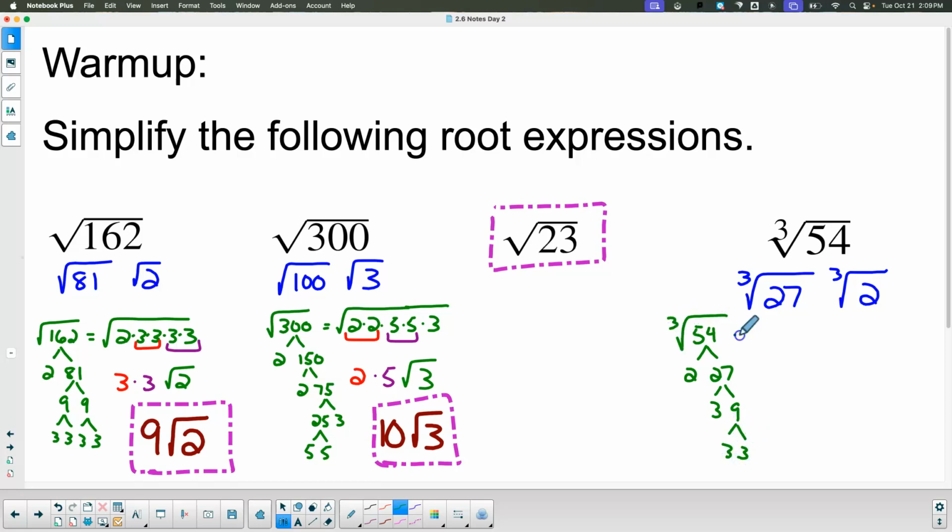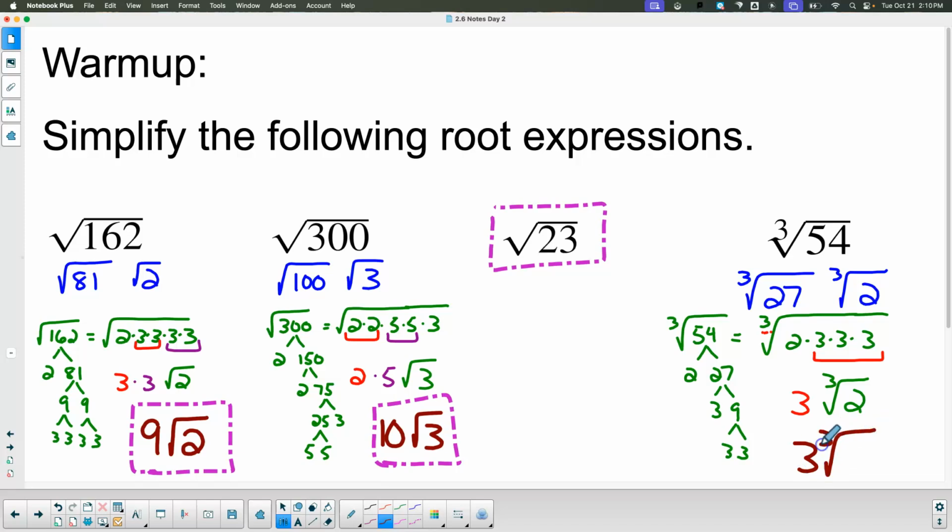So the cube root of 54 would be the cube root of 2 times 3 times 3 times 3. And now I'm looking for triples, because of the cube root, I need to find that many to break one out. So that gets broken out, and then I'm left with the cube root of 2 on the inside. So this is 3 cube roots of 2.